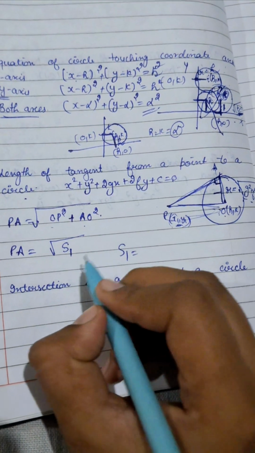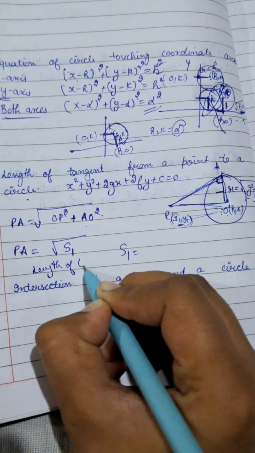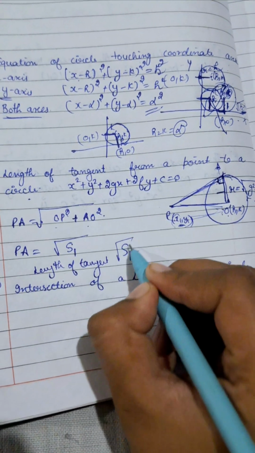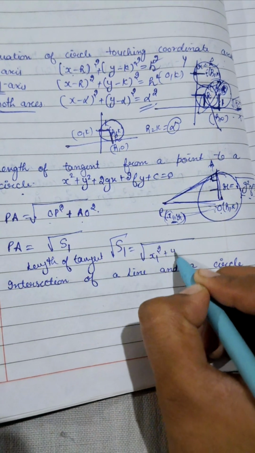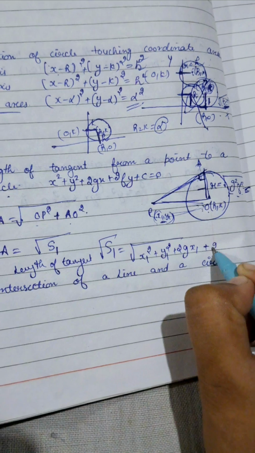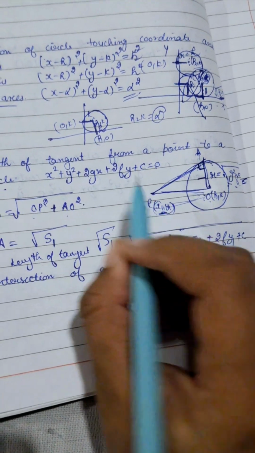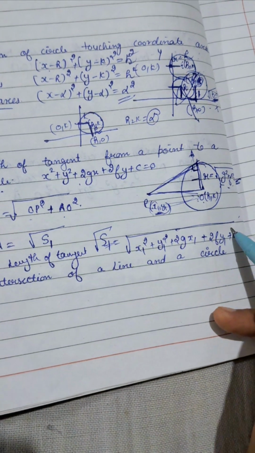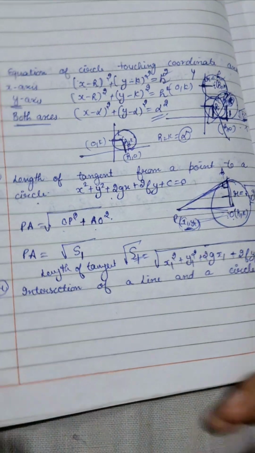So the length of the tangent at point P becomes square root of S1, that is x1 square plus y1 square plus 2g x1 plus 2f y1 plus c. Directly put this point into the equation, find the square root of that value, and we will find the length of the tangent.